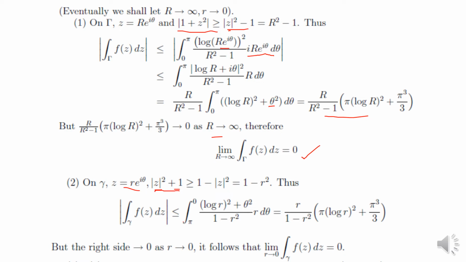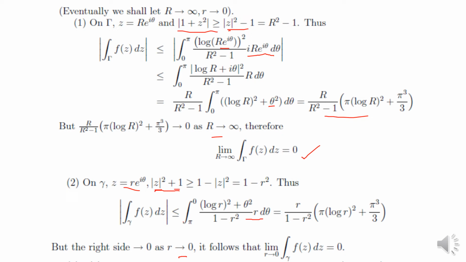Thus we can write down that mod of the integral of f(z) dz over gamma is less than or equal to, now the limit is here pi to 0, because gamma's direction is from minus r, so pi to 0, log r square plus theta square, as we did earlier, upon 1 minus r square, r d theta.